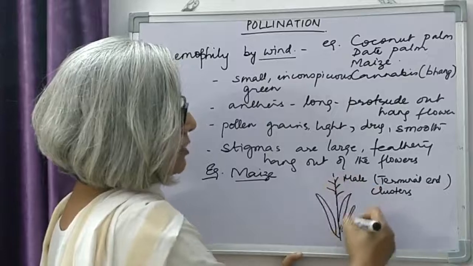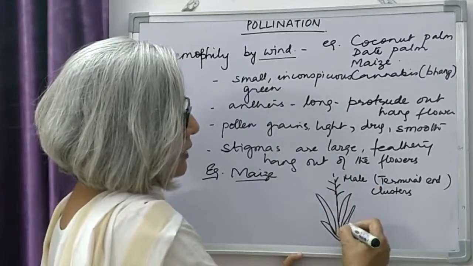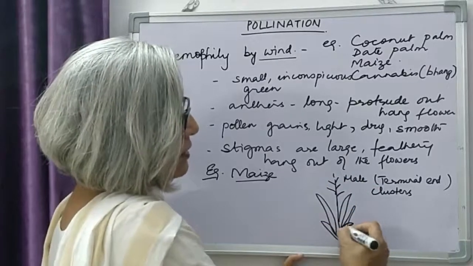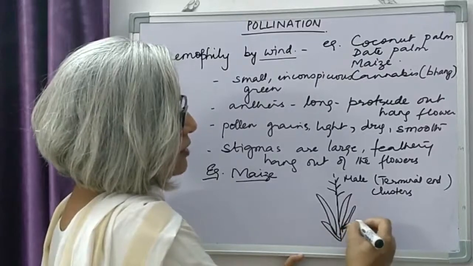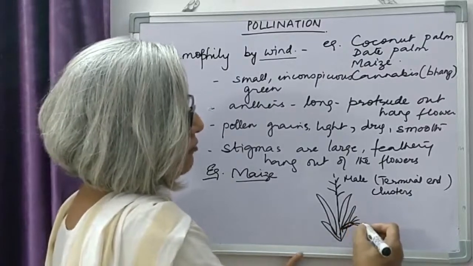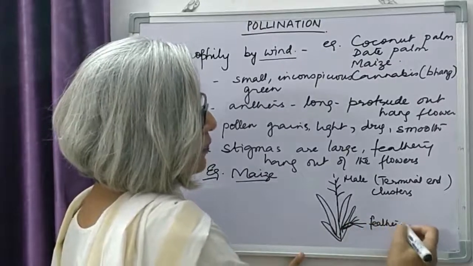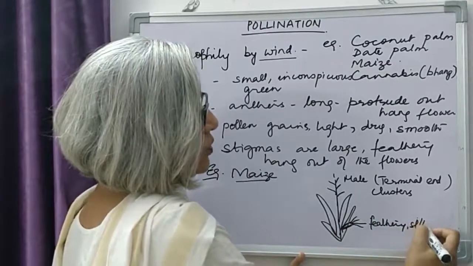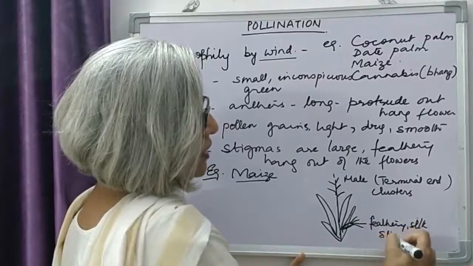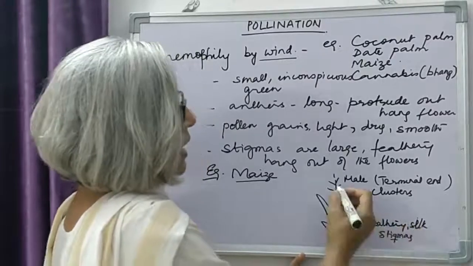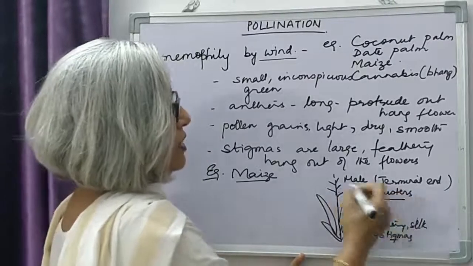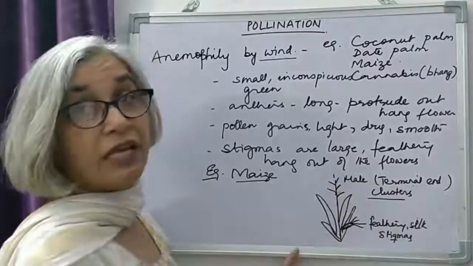Suppose this is the maize plant. And in the lateral we see the female flowers. The feathery, silky, thread-like structures that we see are actually the stigmas. And the male flowers are produced in clusters at the terminal end.